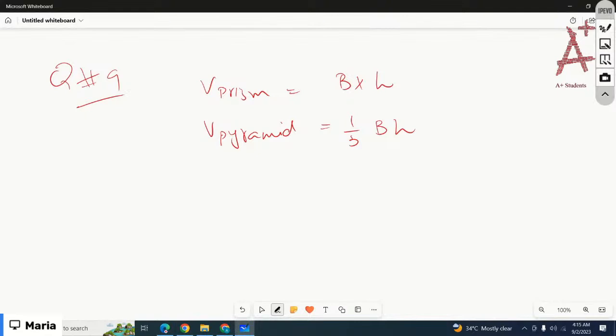You can see the volume of the pyramid is 1 by 3 times the volume of the prism, right? That means the volume of the pyramid is a third of the volume of the prism, right?